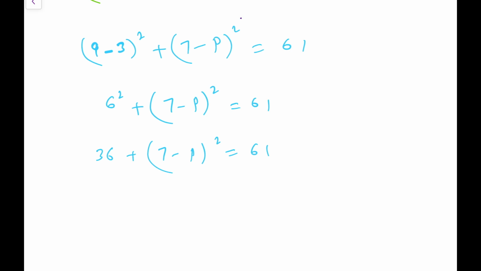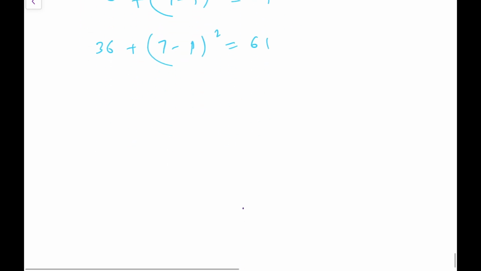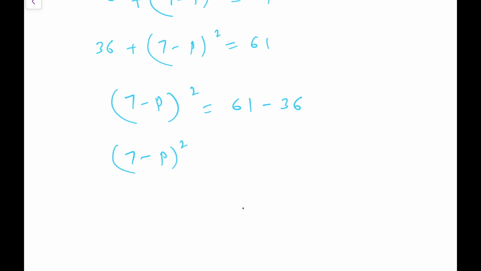Now let us take 36 from the left side to the right side. Then plus 36 will become minus 36. So 7 minus p whole square equals to 61 minus 36. 7 minus p whole square is equals to 25.